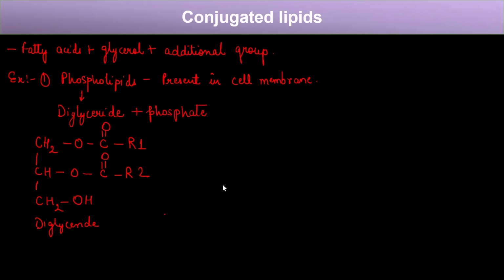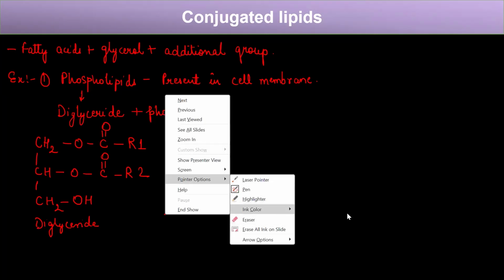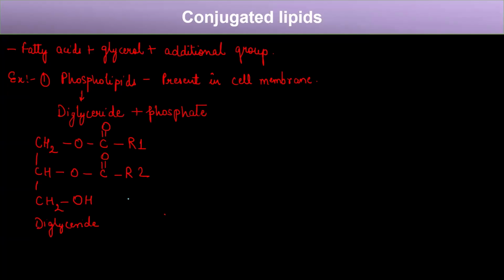Now you have diglyceride plus phosphate. This phosphate will form a bond with the OH by release of a water molecule. In biomolecules, if anything is formed, a water molecule is released.